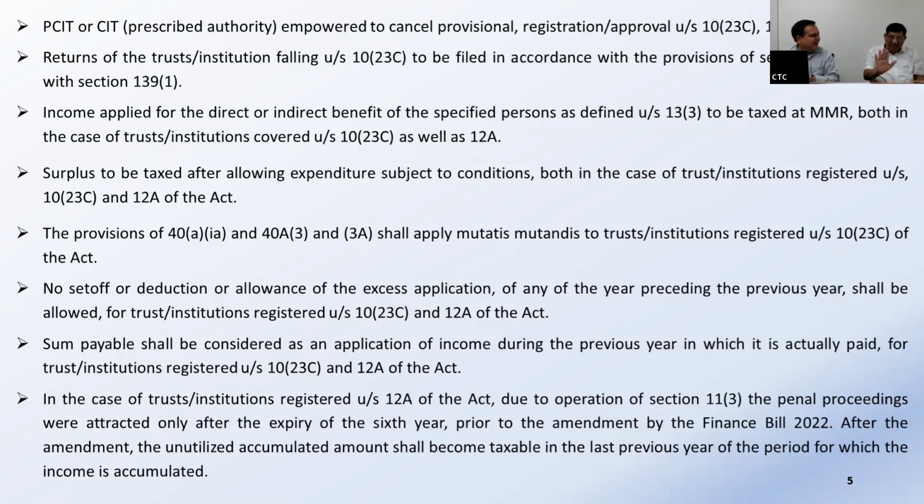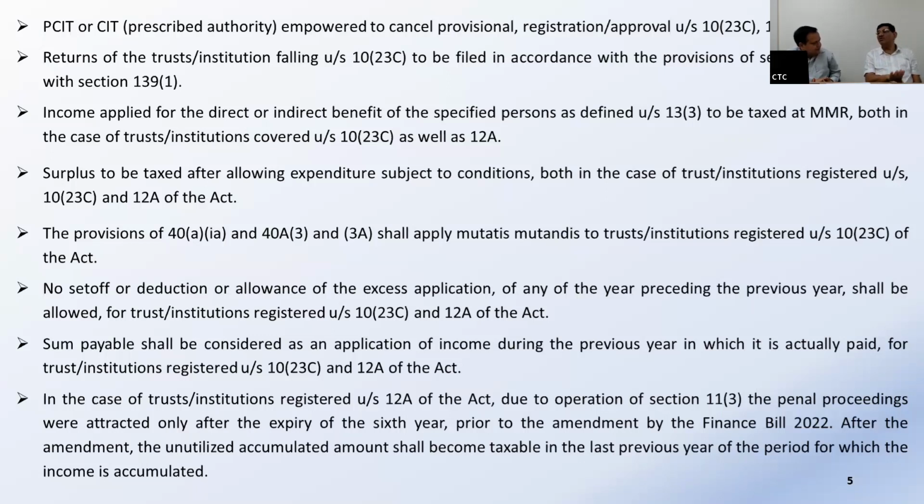Then the second thing is, from which assessment year is it applicable? There is a lot of confusion. There is a lot of misunderstanding on the year of applicability of this provision. Because when the budget was proposed, it was from assessment year 22-23. And the budget was passed without any discussion on that.